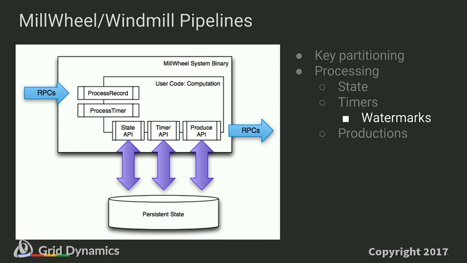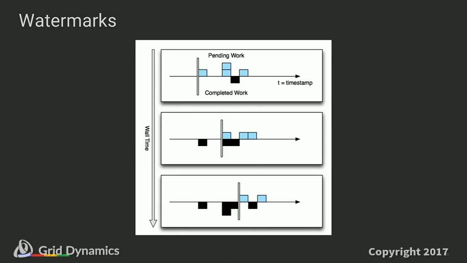Now, watermarks, which I just mentioned, we have a little diagram here showing what the watermark is. Basically, what this is showing is that at any point in time, every item of work, every record in the system has a timestamp associated with it. The watermark tries to show the lower bound of all pending work in the system ahead of you, and the best estimate of pending work that will show up in the system at your sources.